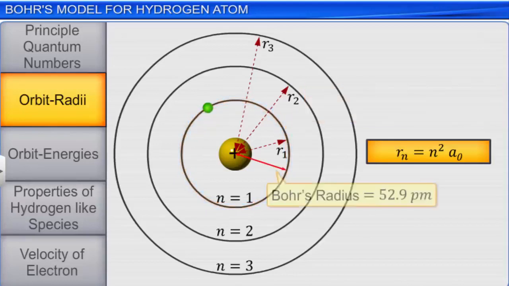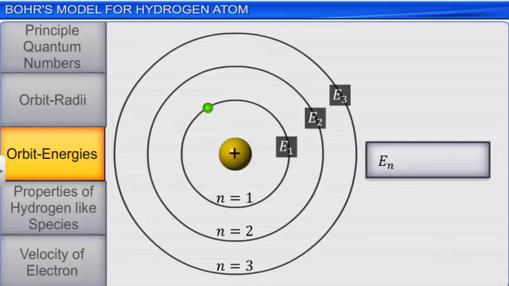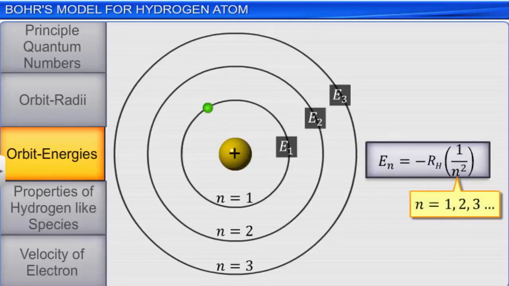The energy of a stationary state or orbit is given by the equation: energy of the nth orbit, En, is equal to minus RH multiplied by 1 divided by n square, where n is the principal quantum number of the orbit and RH is Rydberg's constant, whose value is 2.18 multiplied by 10 raised to the power minus 18 joules.